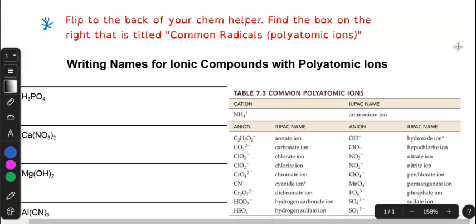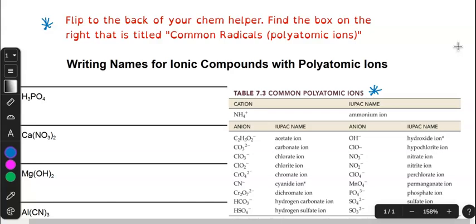Because I wasn't able to make a really good picture of your actual chem helper, the polyatomic ions in my table are very similar to the ones that you have there. So I just thought it would be easier and more clear for you to see this copy.